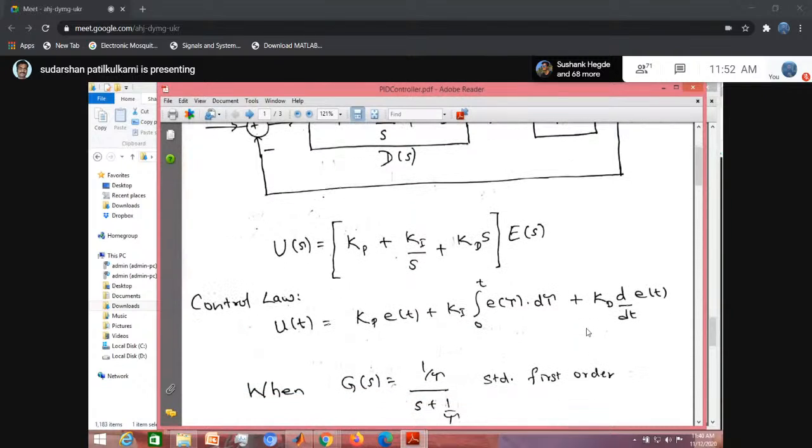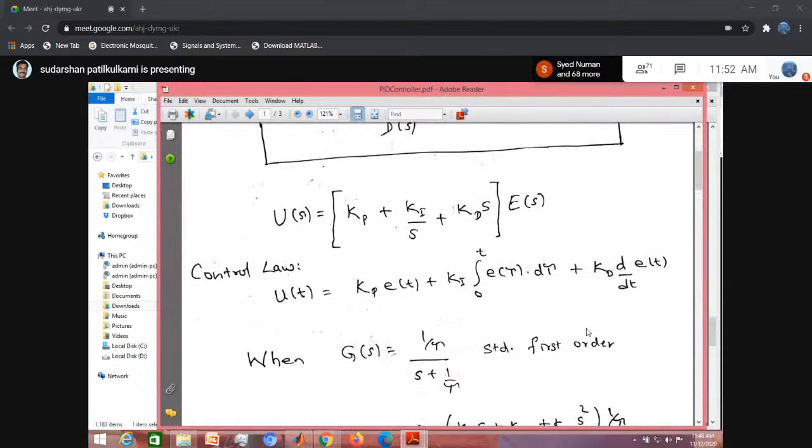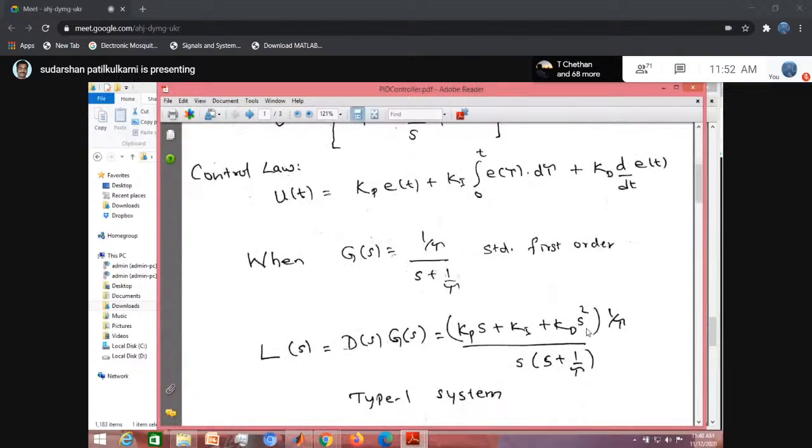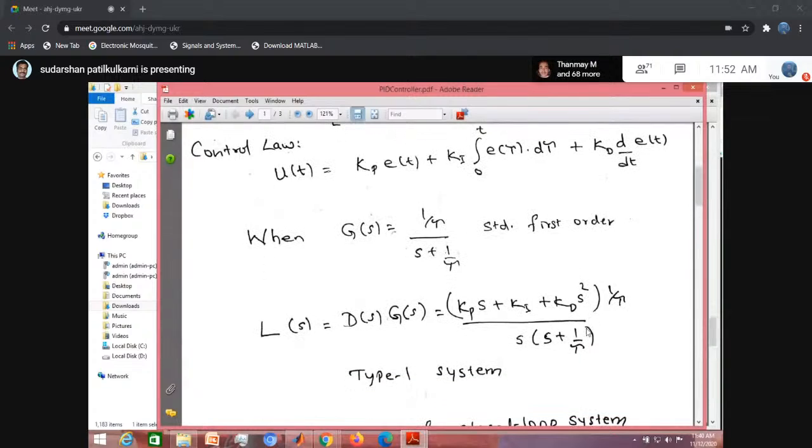So G of S equals 1 by tau divided by S plus 1 by tau is our standard first order plant. Then L of S becomes a type 1 system.